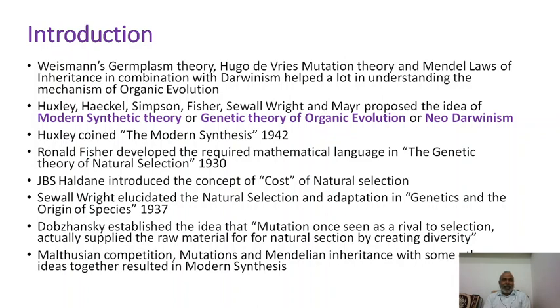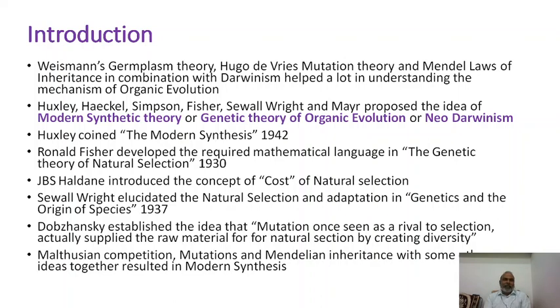Huxley for the first time used the phrase modern synthesis. Modern synthesis explains that the entire evolutionary theory is synthesized from the ideas of several scientists: Mendelian inheritance, Hugo de Vries's mutations, Charles Darwin's natural selection, and Sewall Wright's genetic drift.